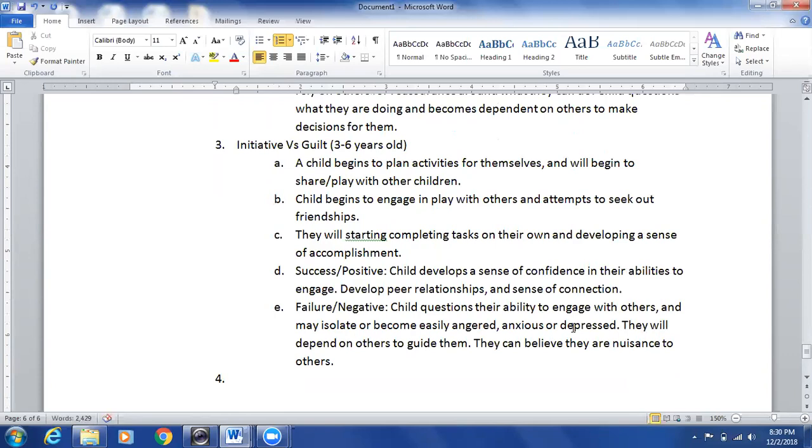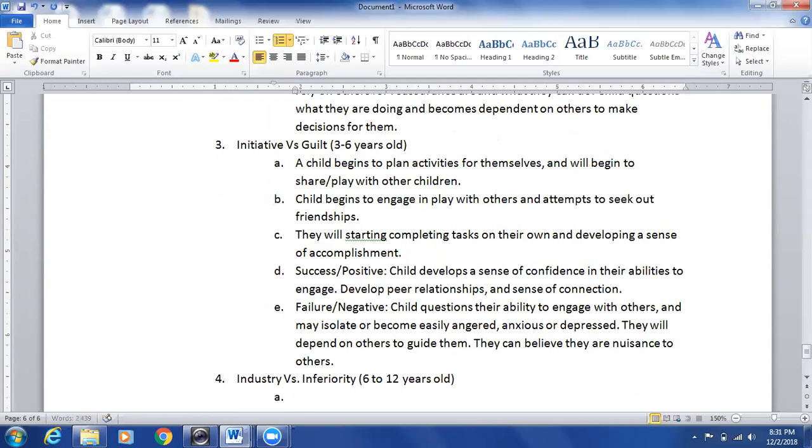And then our next one, industry versus inferiority. And this is 6 to 12 years old.